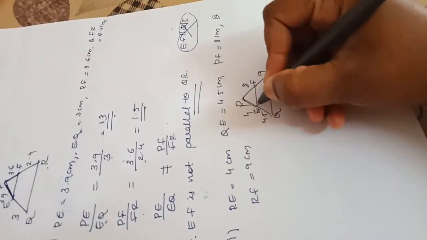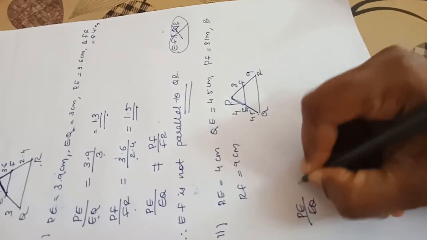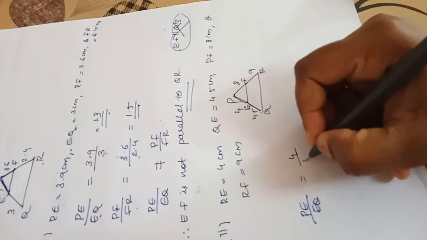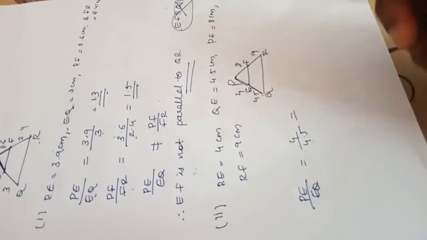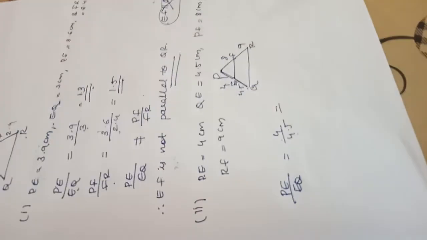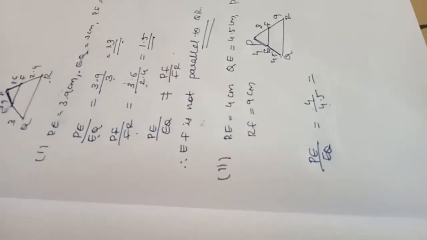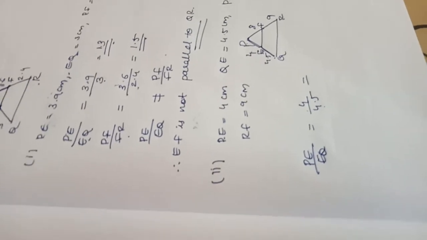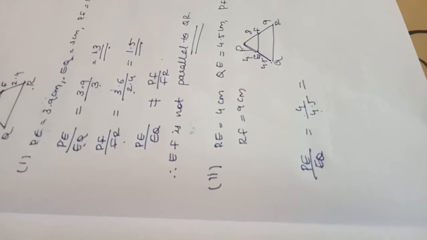So I am applying the basic proportional theorem. First, PE divided by EQ, we can calculate 4 divided by 4.5. We can multiply 2 in numerator and 2 in denominator. If you are multiplying any number in the numerator, we should multiply the same number in the denominator.